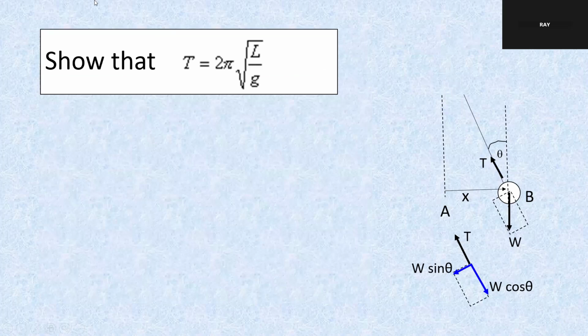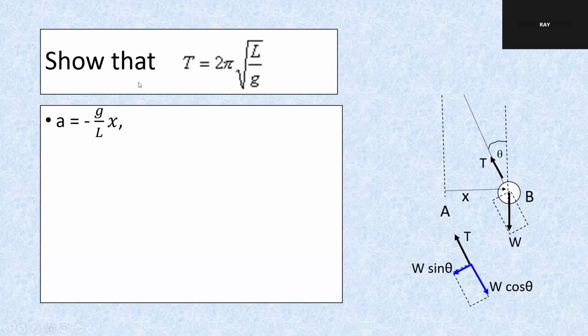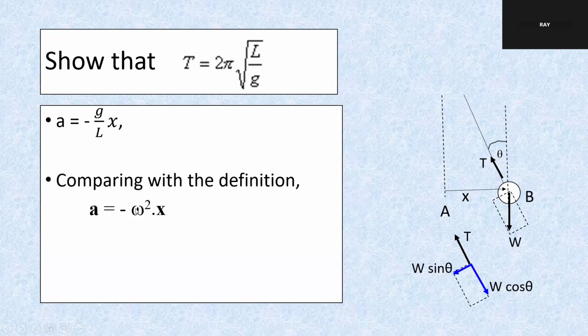Okay, now we derive this equation. We have obtained this equation showing simple harmonic motion. Then we compare with the definition. There's a definition where omega, the angular frequency, is a constant.